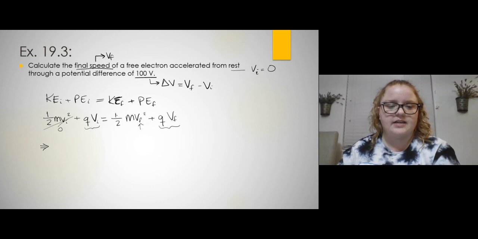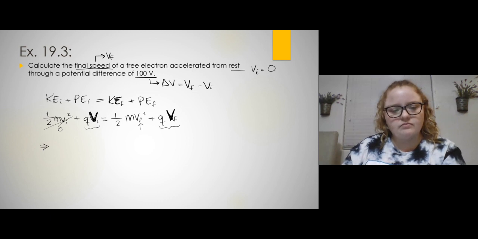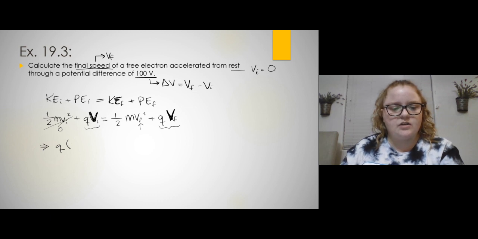Let me go ahead and make these a little bit larger so you can tell the difference. I just noticed that it looks a little bit confusing, so it's going to be bolded. So we've got Q, and if I bring this over, we'll have V final minus V initial.